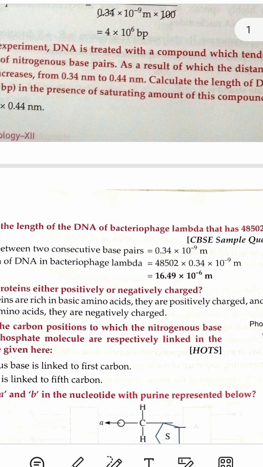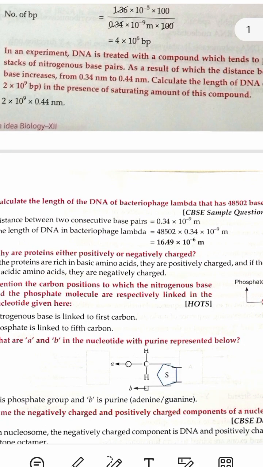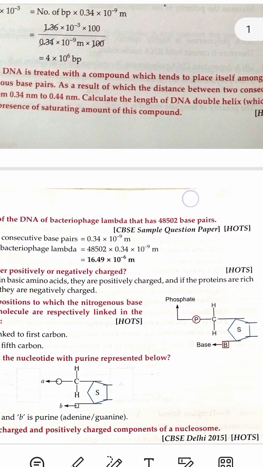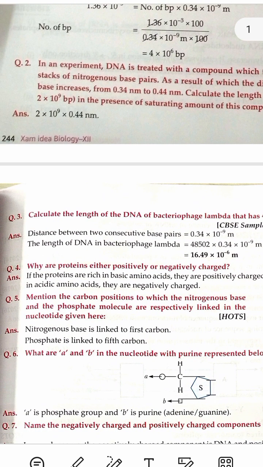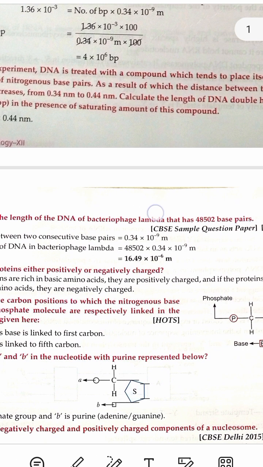This is given. The length of DNA increases. Then calculate the length of DNA double helix which has 2 into 10 power 9 base pairs in the presence of saturating amount of this compound.